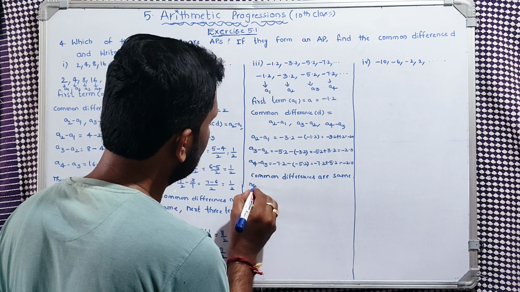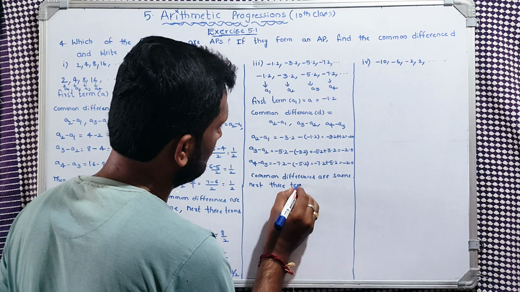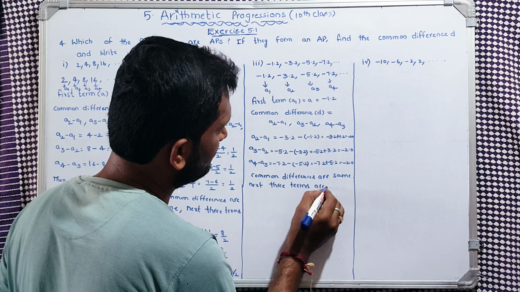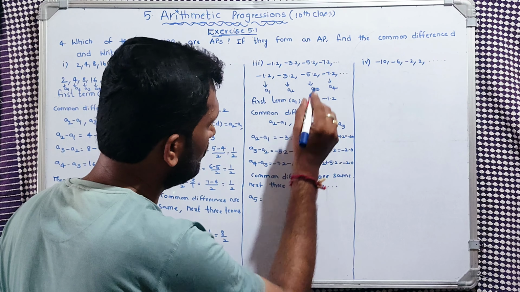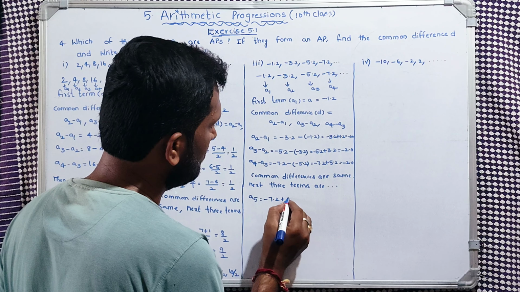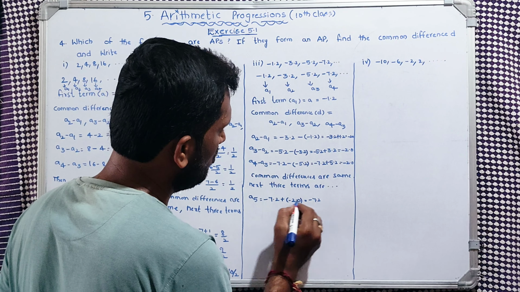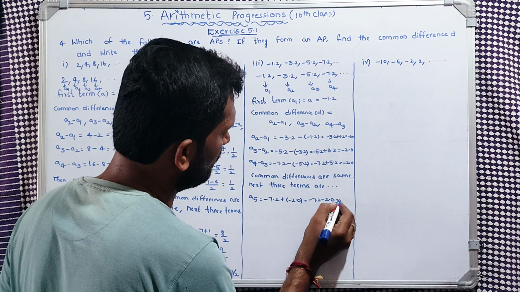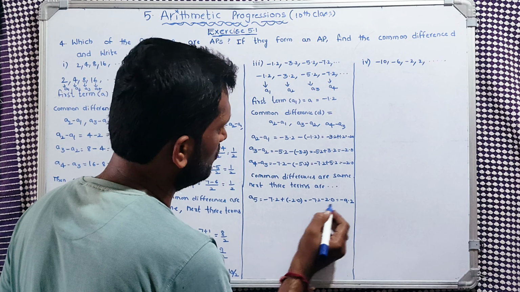Next three terms are: A5 equal to A4 plus the common difference, minus 7.2 plus minus 2.0 equal to minus 9.2.